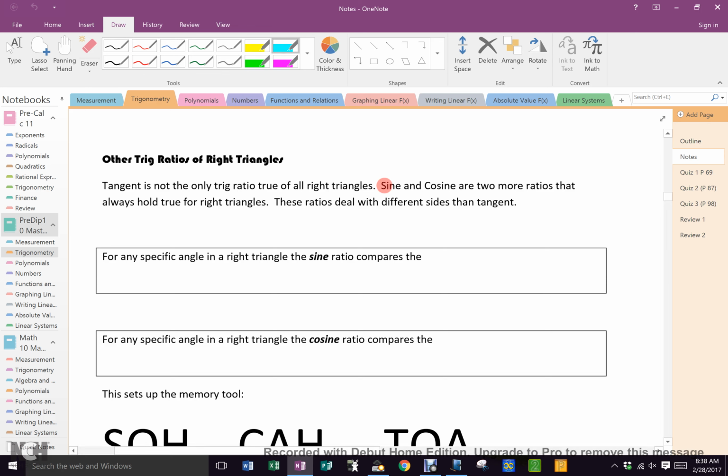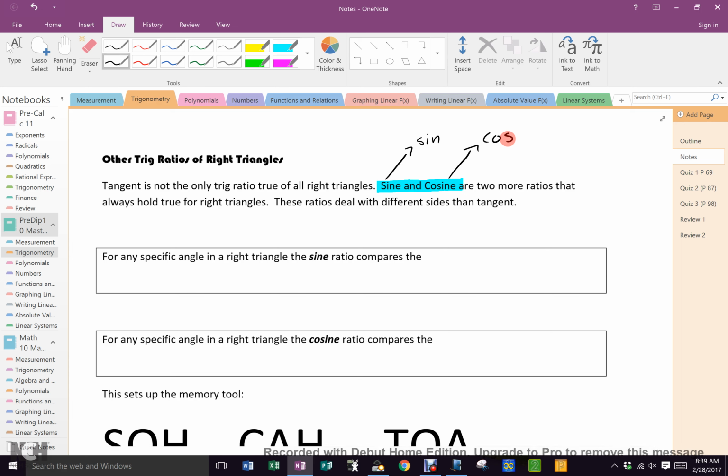Those 2 others are sine and cosine, which on your calculator are sin and cos. So if you look on your calculator, you may have been wondering yesterday, who are these buttons right beside tan? Well, now you know. They're sine and cosine.